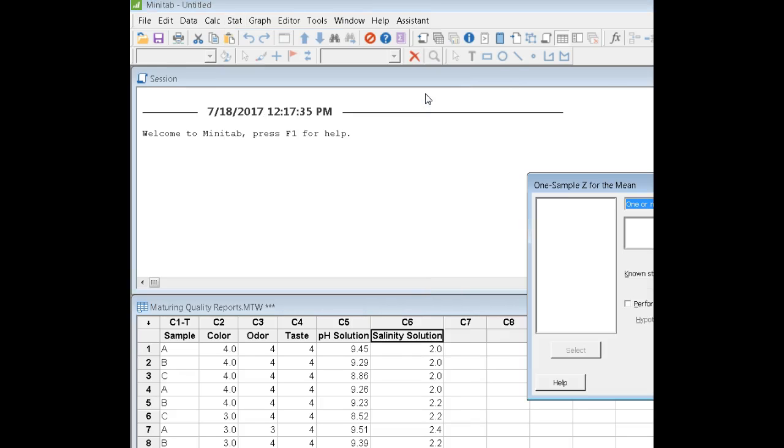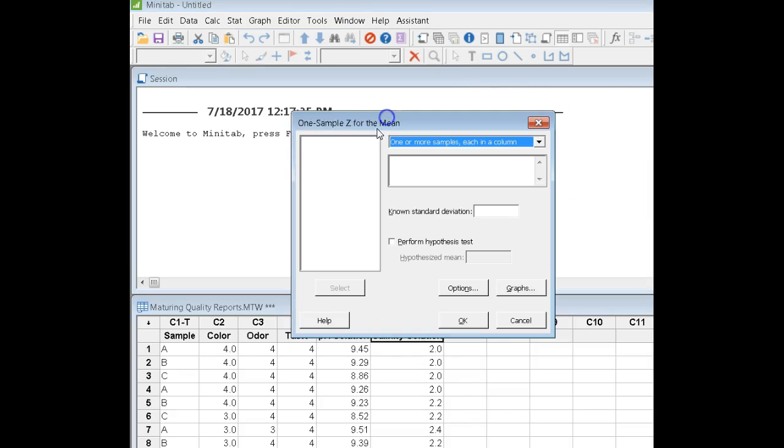Okay, so we click on this one sample Z, and it says here it's a one sample Z for the mean. Okay, we could give summarized data, but in this problem we have raw data.